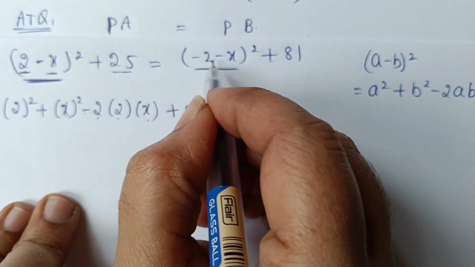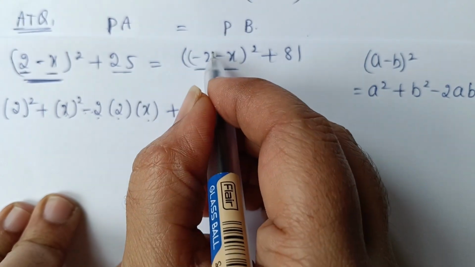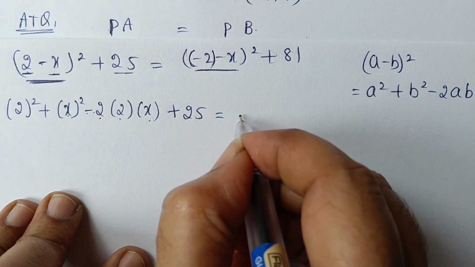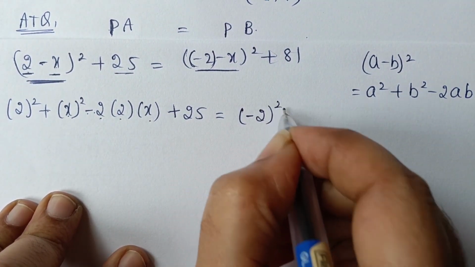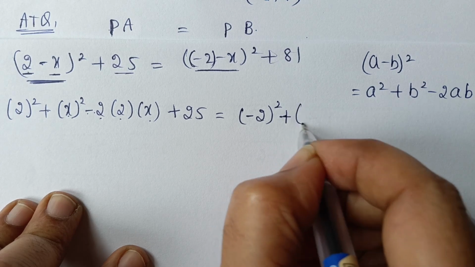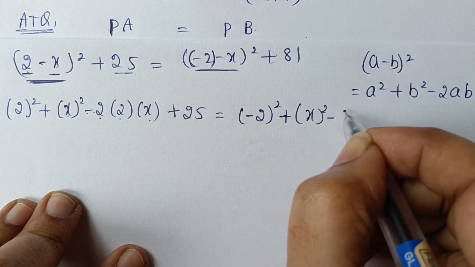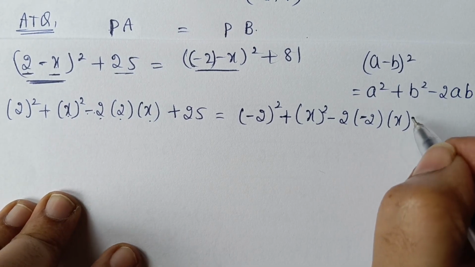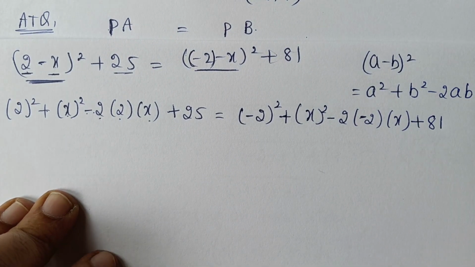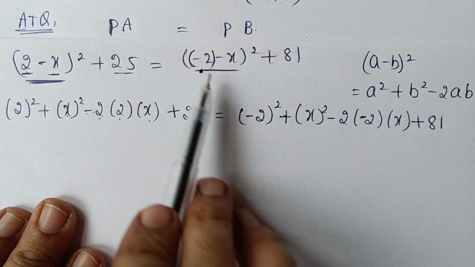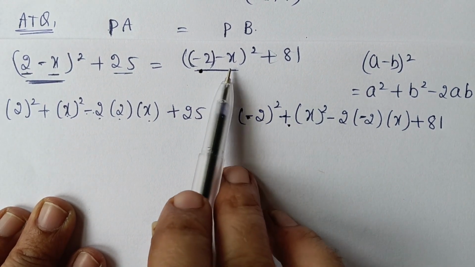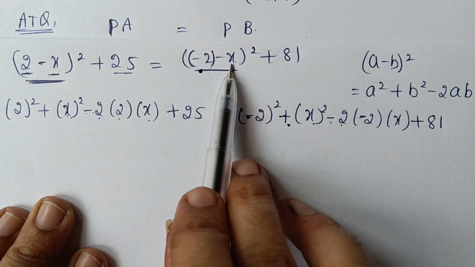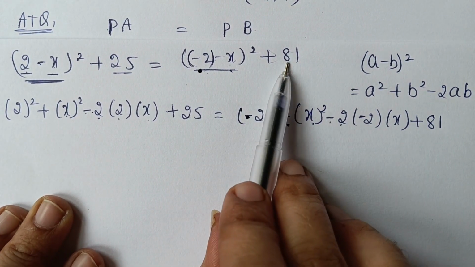Here also (a minus b) whole square, minus 2ab, so a square plus b square minus 2ab plus 81. Clear? Plus 9 square means 81.